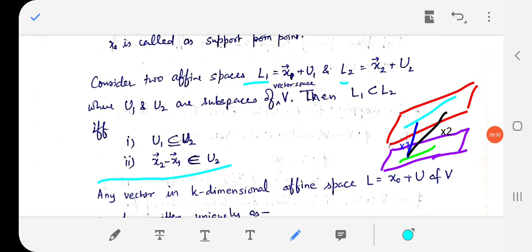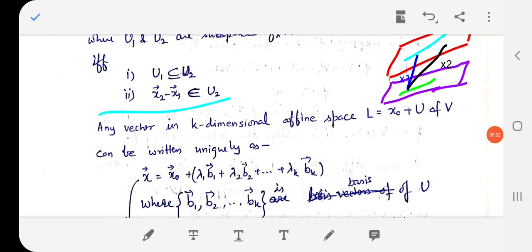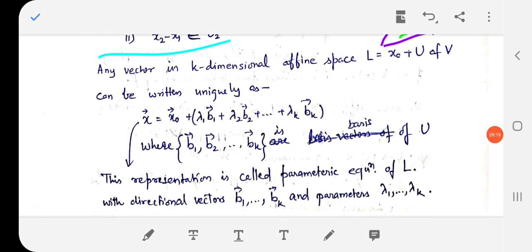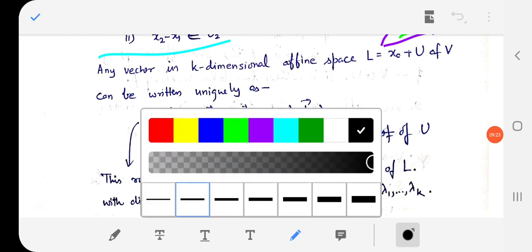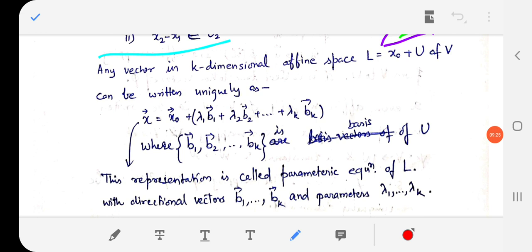Okay, so let us suppose in any vector space you have a subspace U, so it must have some basis. Let us suppose it has a basis defined by these vectors.